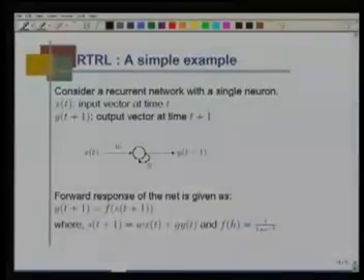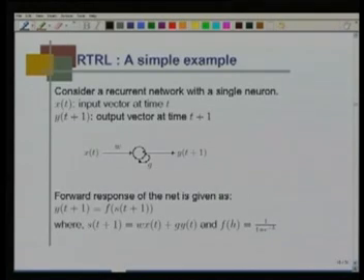Now we will take a very simple example, as we also took a simple example for backpropagation through time. We have a single neuron with input xt, output yt plus 1, two weights w and g, and a unit delay.